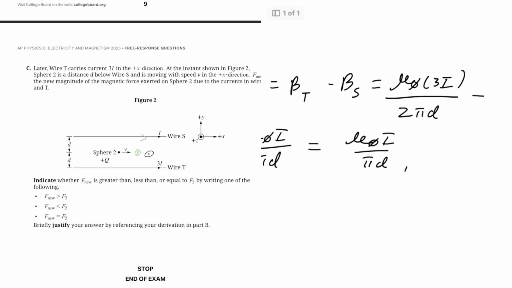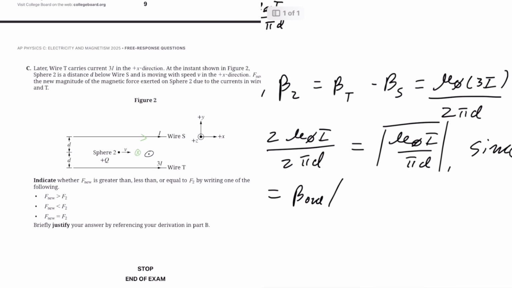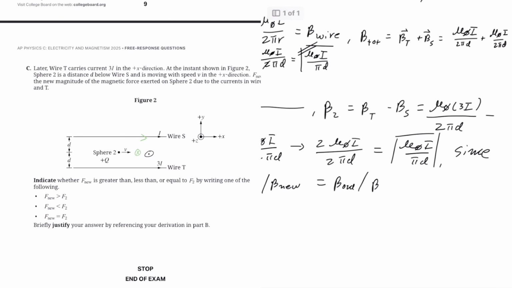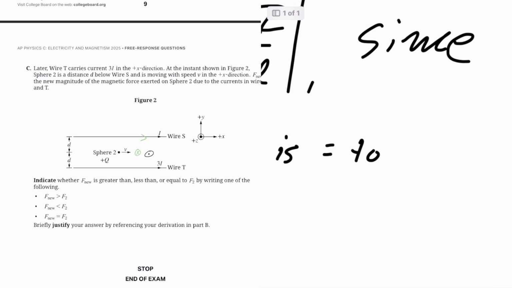So now we're going to box that. B2 over B new is equal to B old over B total, mu naught I over pi d. I'm just putting this in parentheses because they said to reference it. I just want to make sure you guys reference it.